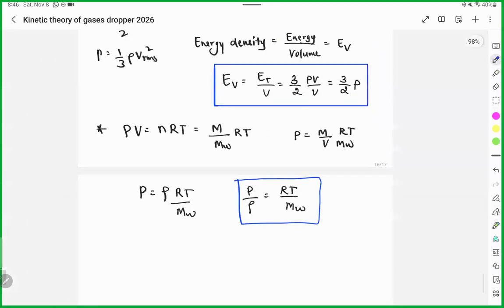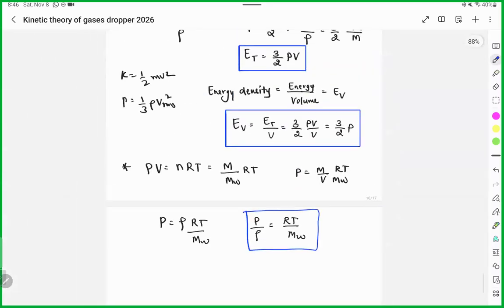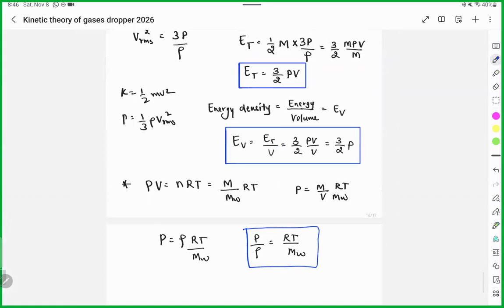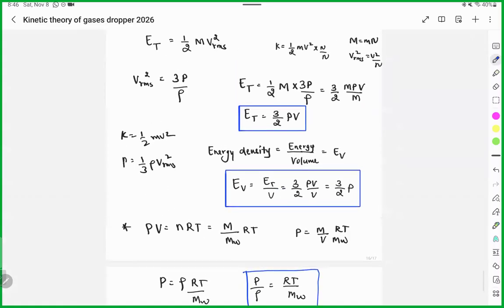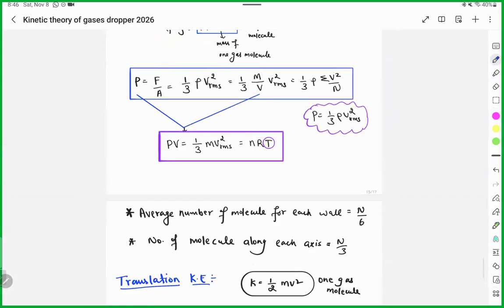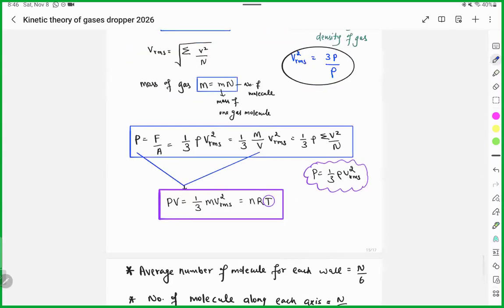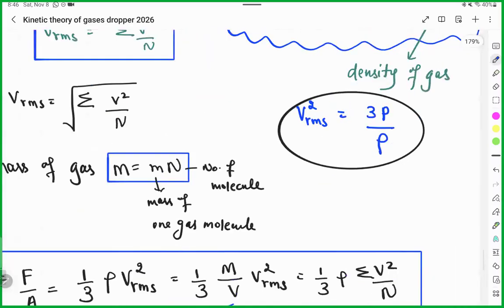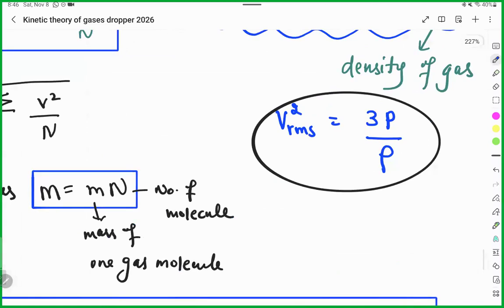Yes. Now correlate with this. This V square was equal to 3p by rho.